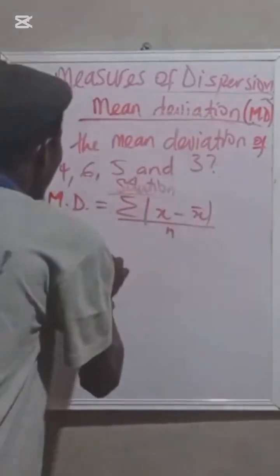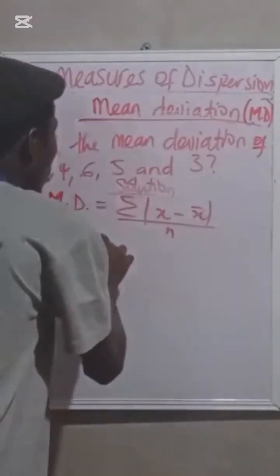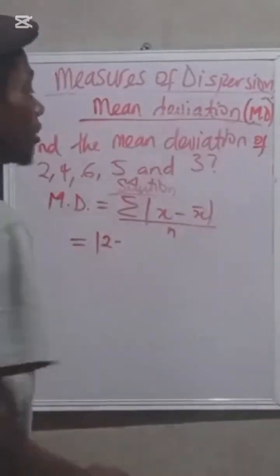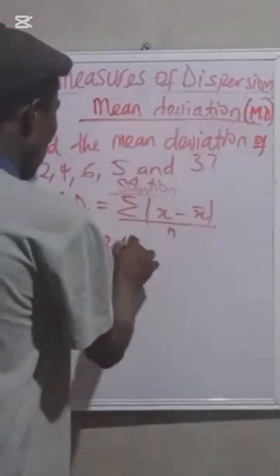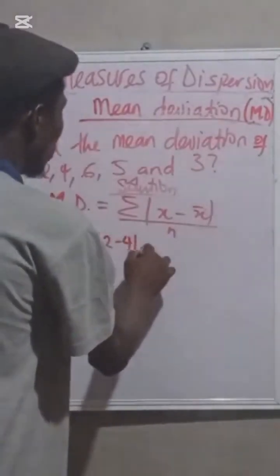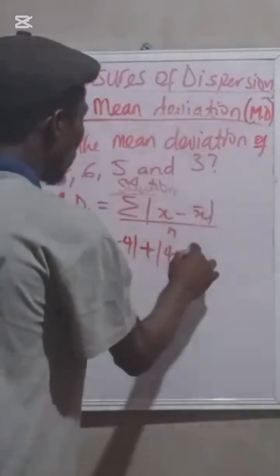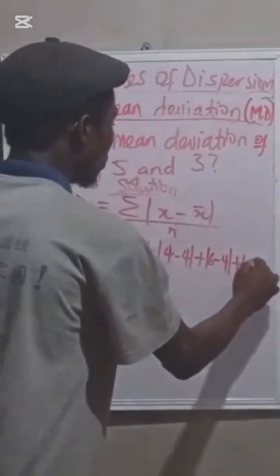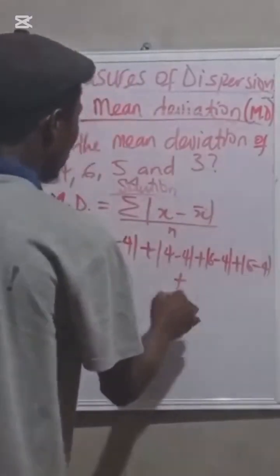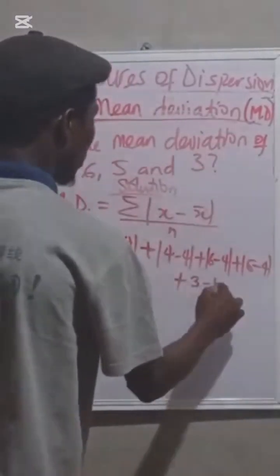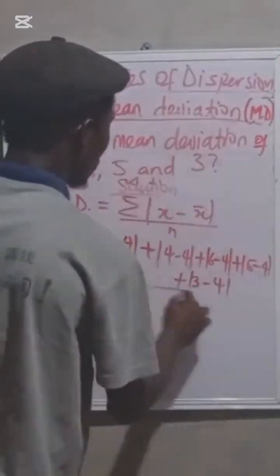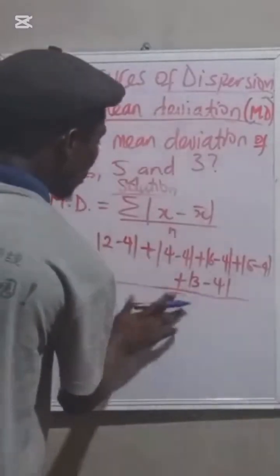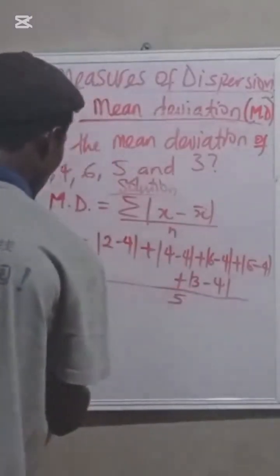That means it's going to equal the summation of the absolute value of 2 minus the mean we got, 4, plus the absolute value of 4 minus 4, plus the absolute value of 6 minus 4, plus 5 minus 4, plus 3 minus 4, everything divided by n, which is 5.